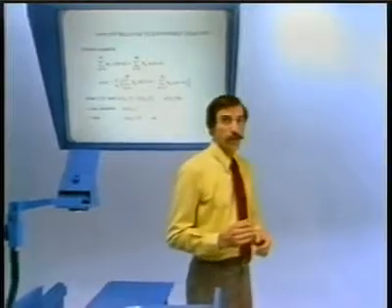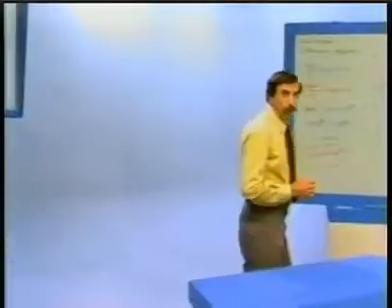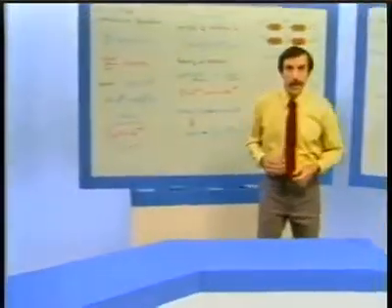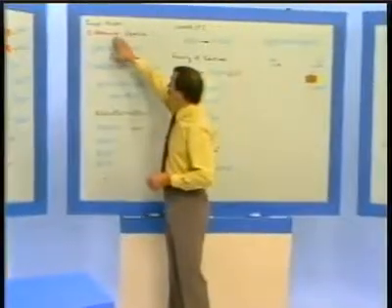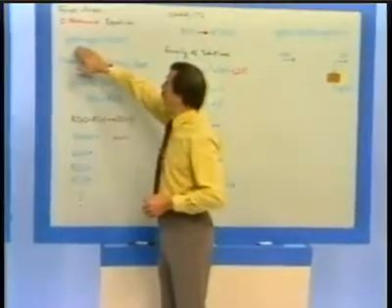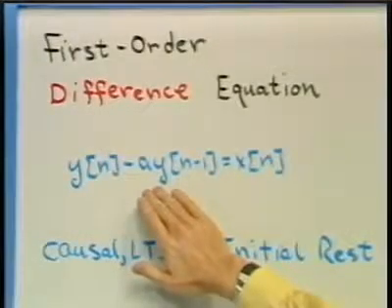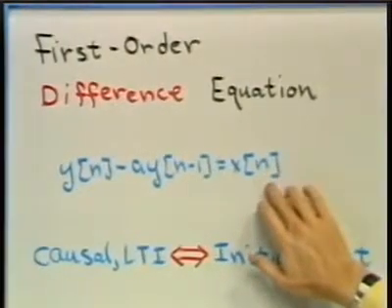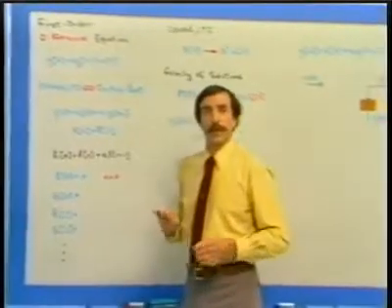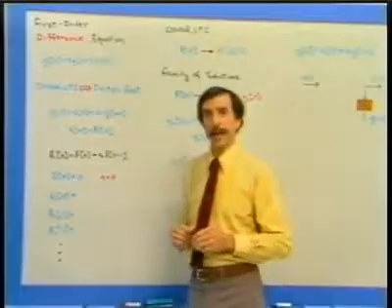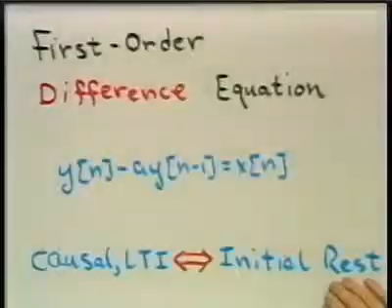Well, let's look at this specifically in the context of a first-order difference equation. So let's take a first-order difference equation, as I've indicated here. We have an equation that tells us that y of n minus a times y of n minus 1 is equal to x of n. Now, if we want this to correspond to a causal linear time invariant system, we impose initial rest on it.